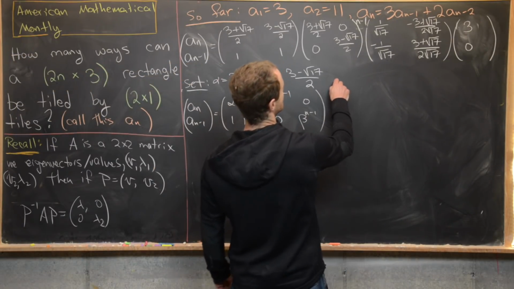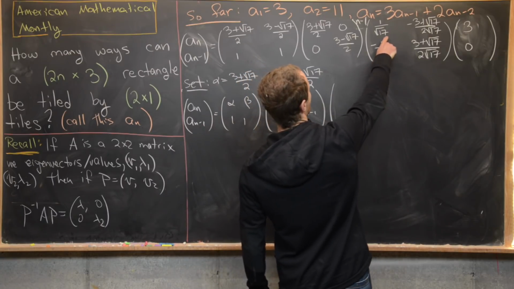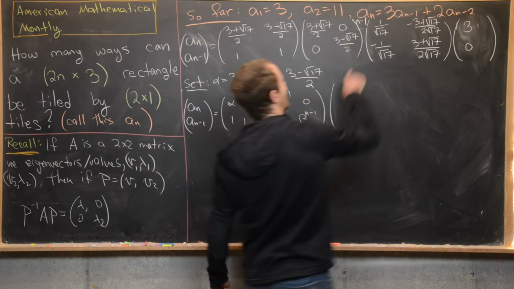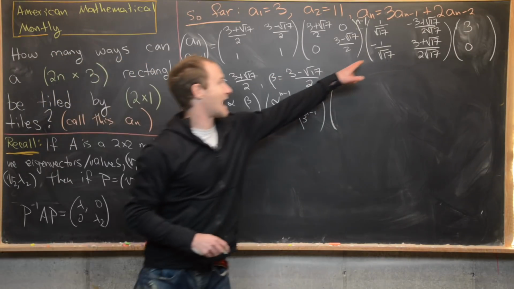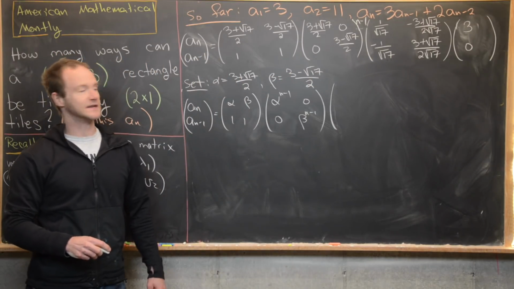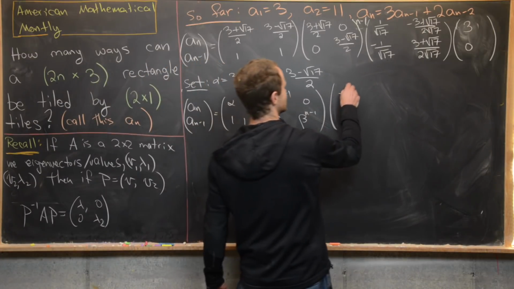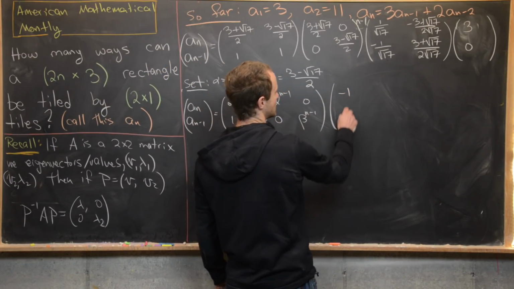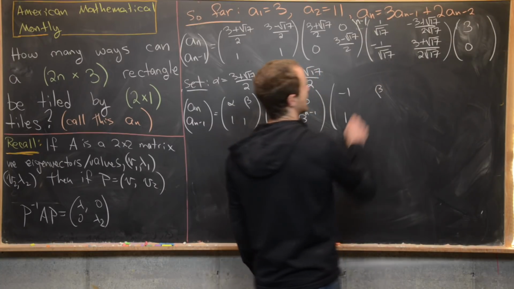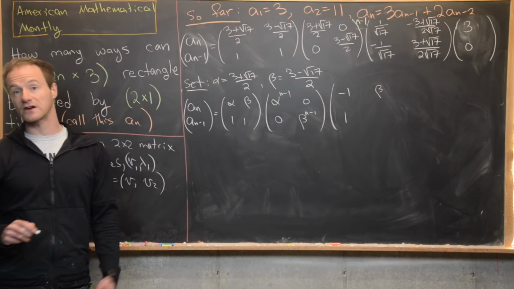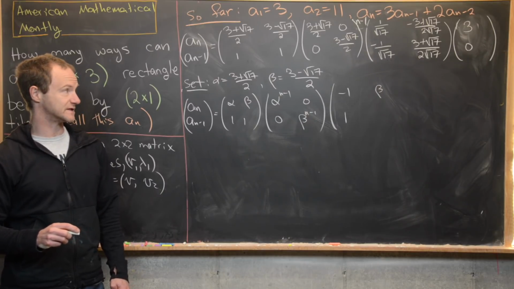And then next, let's see what we can do. We can factor out a minus 1 over root 17 and then have this in terms of alpha and beta as well. So I'll just jump to the end of that. We'll have minus 1 here, 1 here. We'll have beta right here. So that's what we get from factoring a minus 1 over root 17 here.